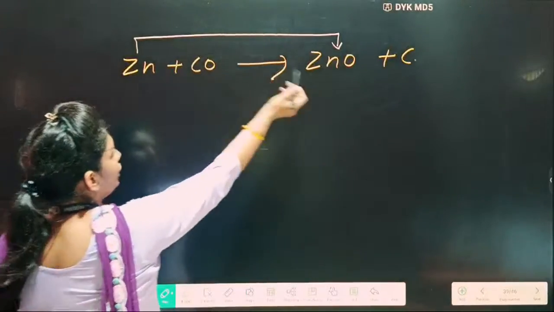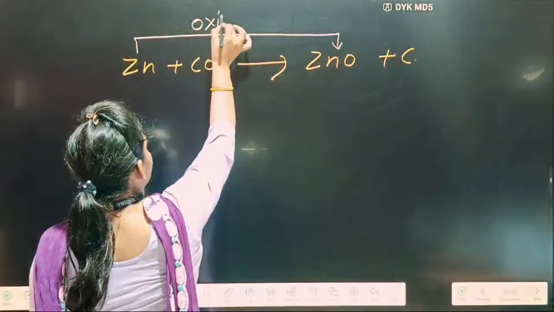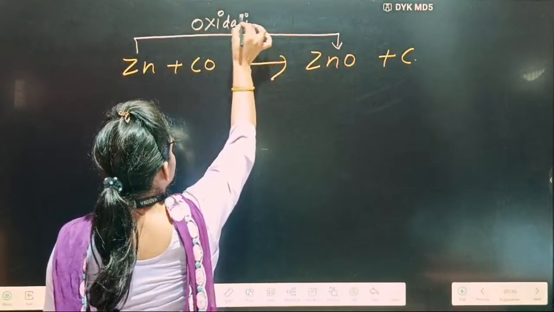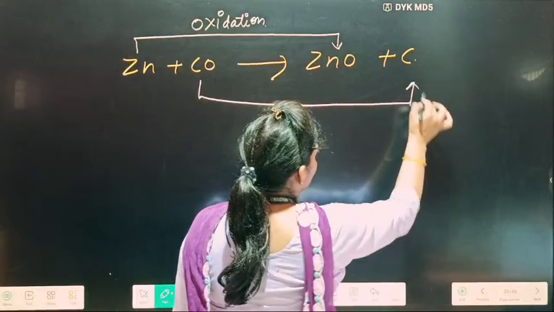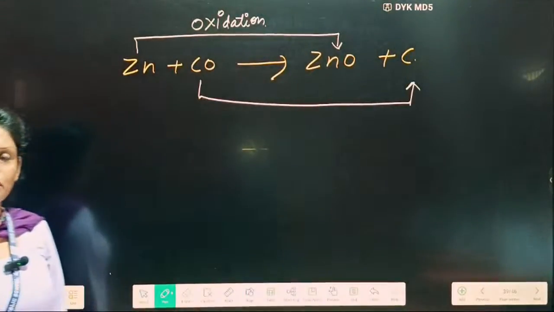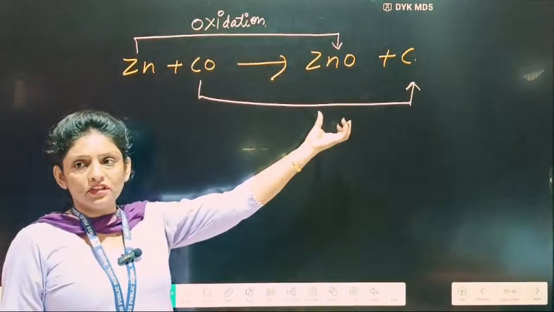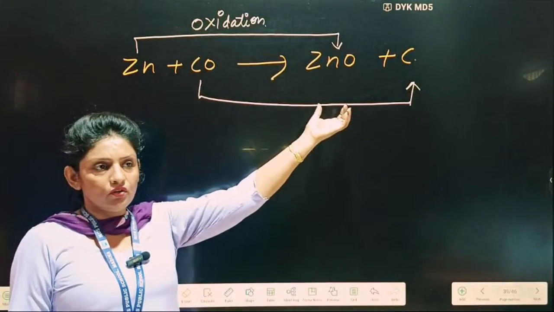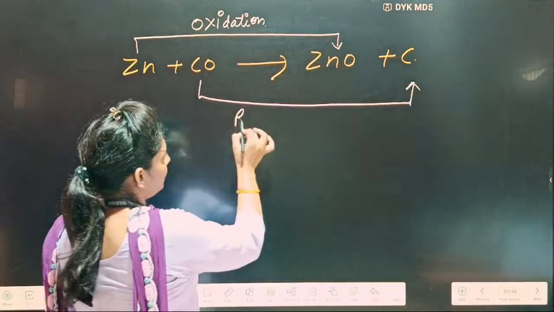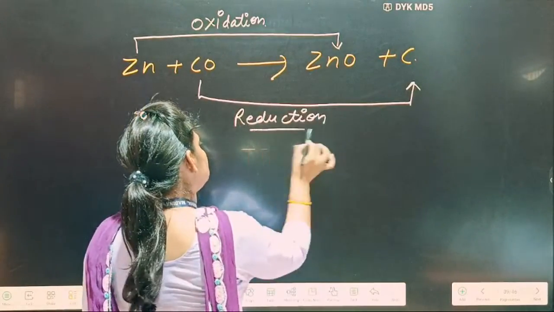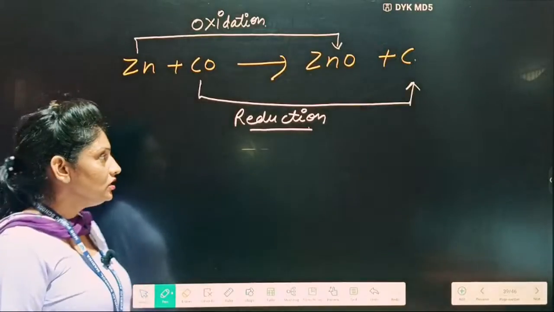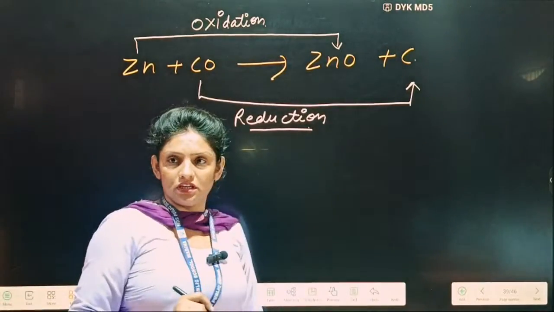Oxidation, because here addition of oxygen takes place. So it is oxidation. Very good. Then students, here from carbon monoxide to carbon, tell me which type of process it is? It is removal of oxygen, and removal of oxygen is known as the reduction. So this is the reduction process here.